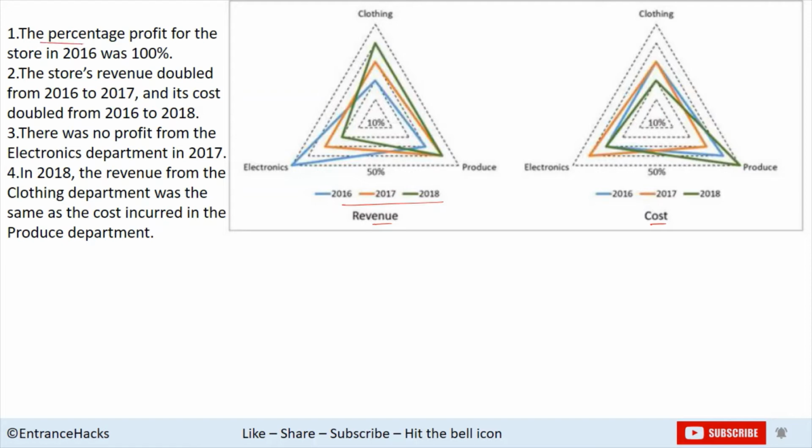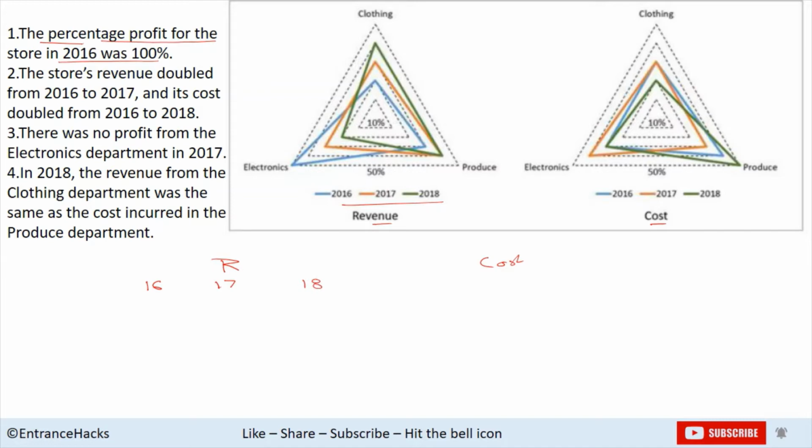The first statement says the percentage profit for the store in 2016 was 100%. So before proceeding to that also, we'll make a table. We'll make one for revenue, the other table for cost. This will be divided into three columns: 2016, 2017, 2018.